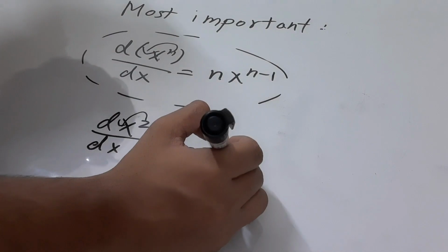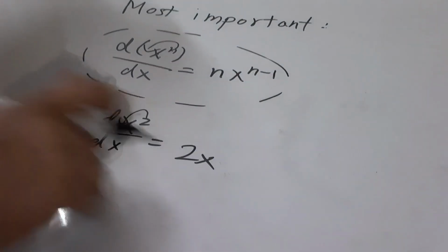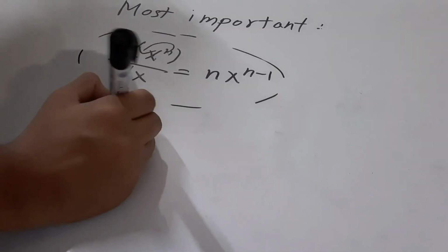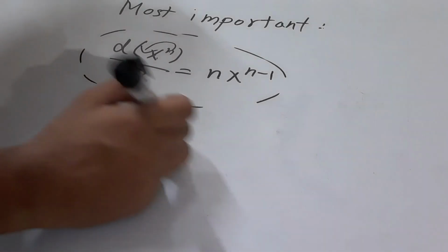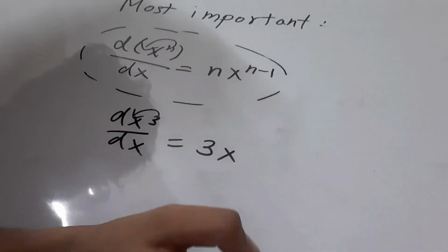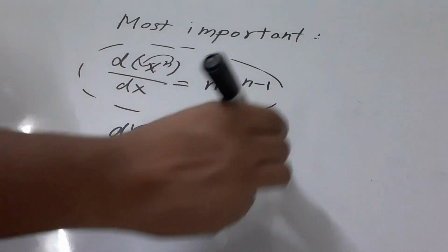Just like that, d of x cubed upon dx: 3 comes before x, so 3x, and 1 is subtracted from 3, so 3 minus 1 is 2, giving 3x squared. d of x cubed by dx is 3x squared.